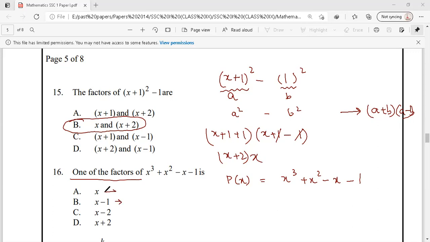By using the remainder theorem, let's put in values of x to find a factor of this cubic polynomial. From the options, we have x = 0 as a root, x = +1, x = +2, and x = −2.